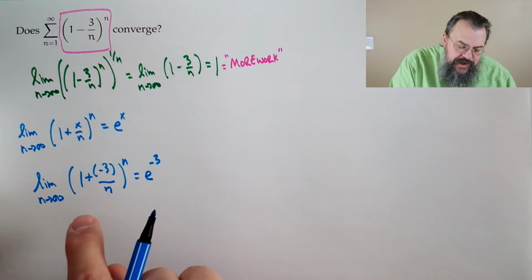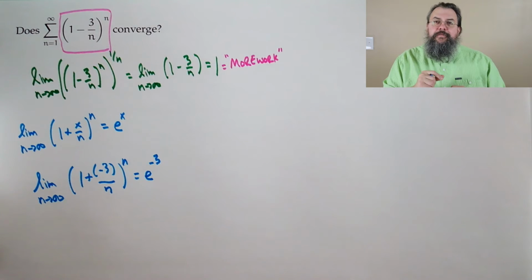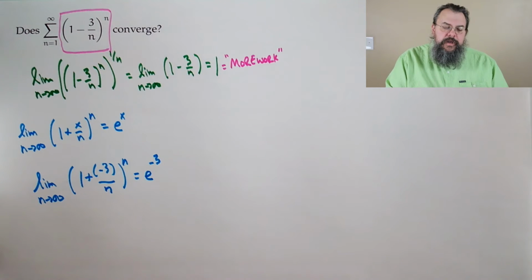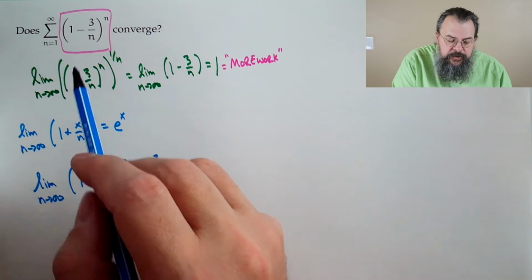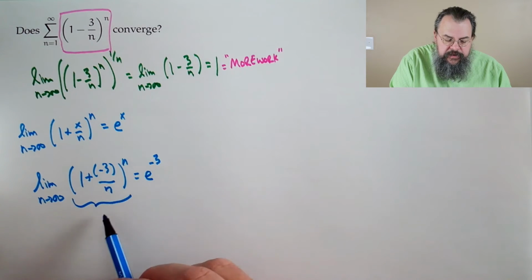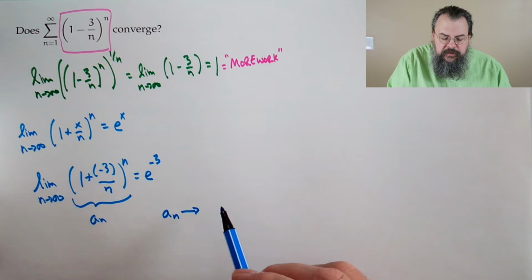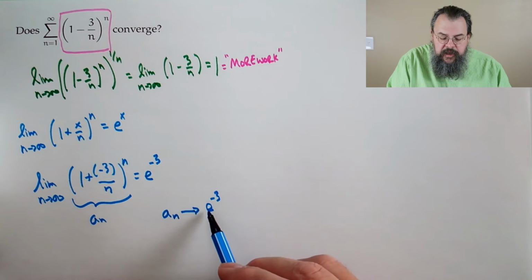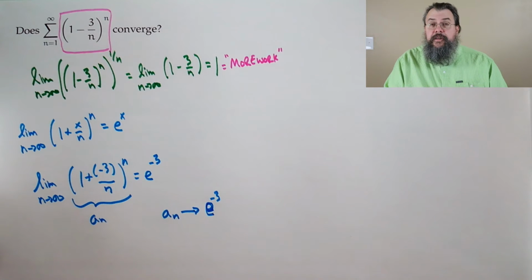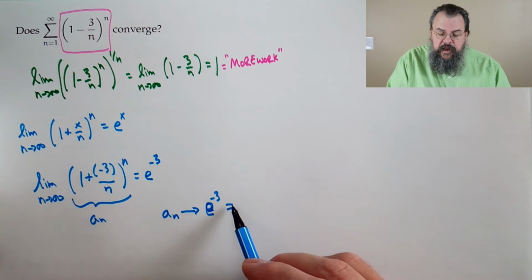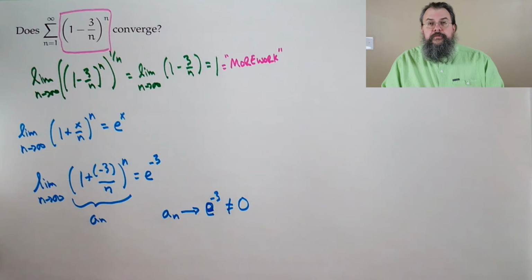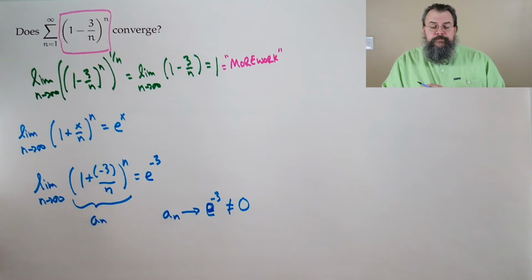So what is this telling us? Let's make sure we understand what this means. Well, what it means is that the individual terms, this is like our individual terms, so our a sub n is going to converge to e to the negative 3. Now, the important thing about e to the negative 3 is it's not 0. It's a little bit above 0. It's not a big number. It's definitely below 1.